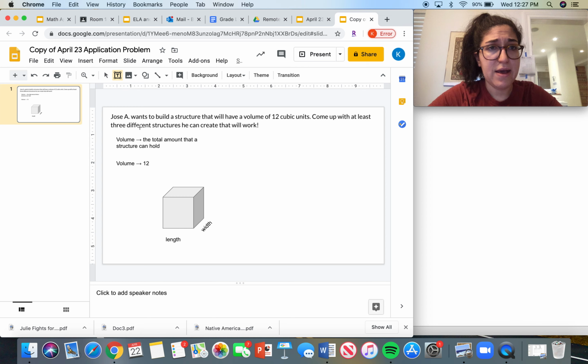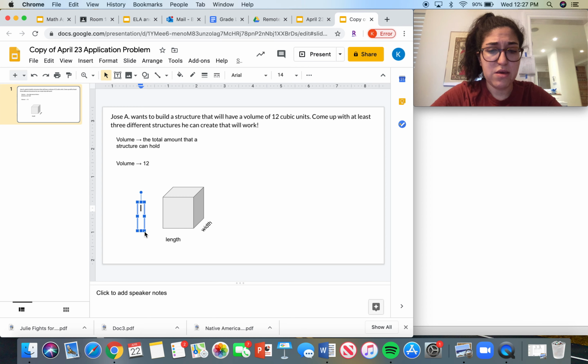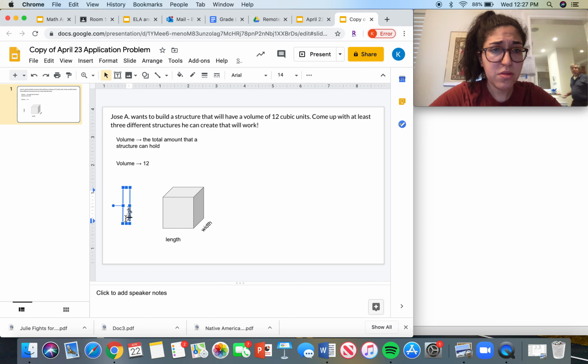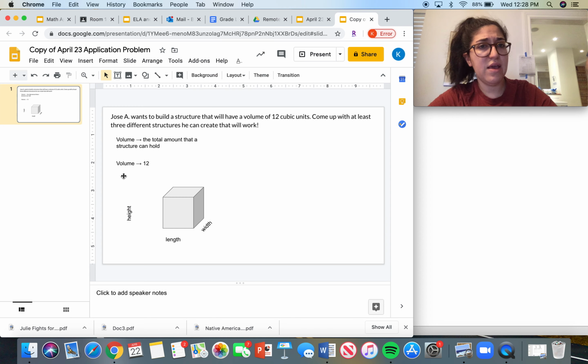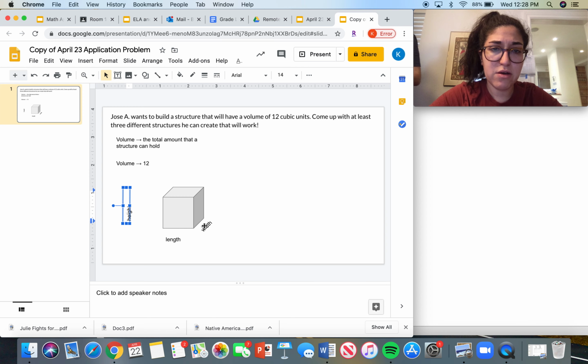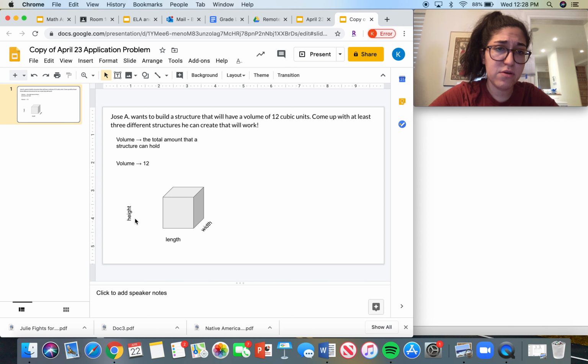And I'm looking at the height. So we have length that goes across, width that goes back and forth, and height that goes up and down. Here we go. Length, width, height.